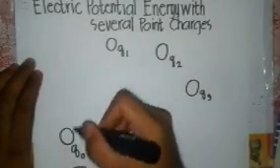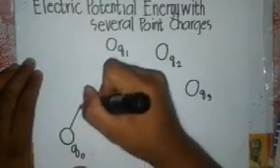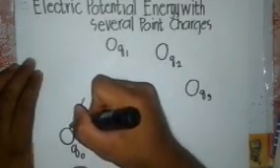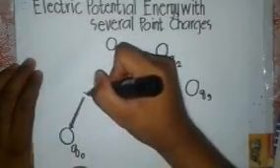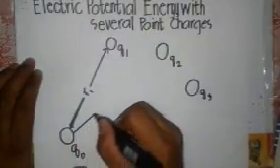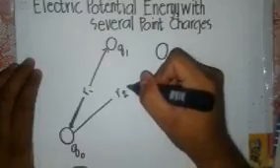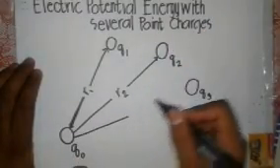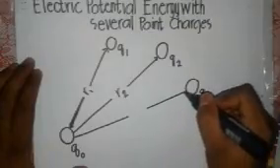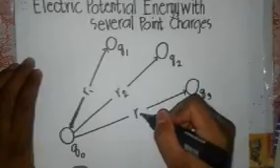From q naught to q1, we have a distance r1, from q naught to q2, a distance r2, and from q naught to q3, a distance r3.